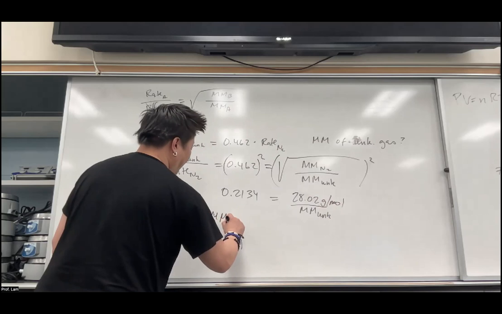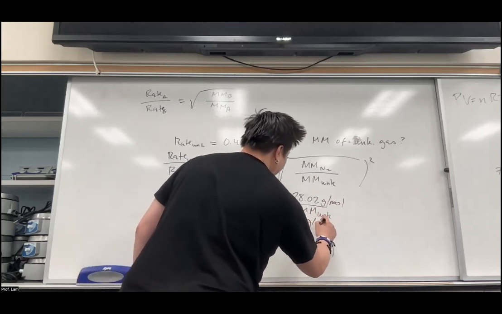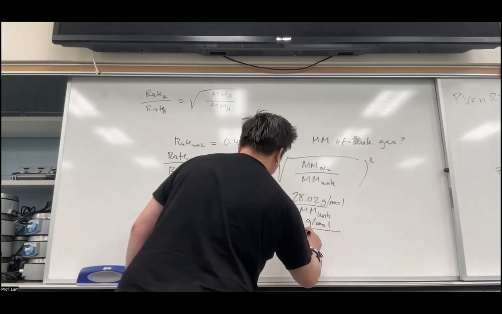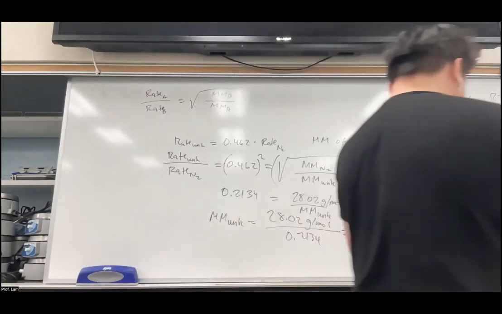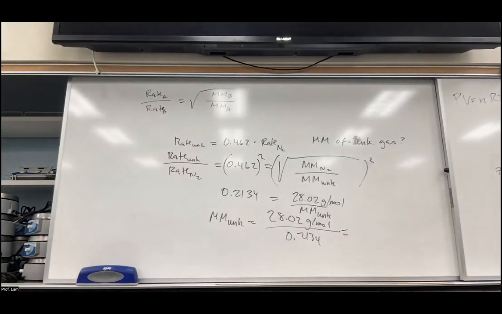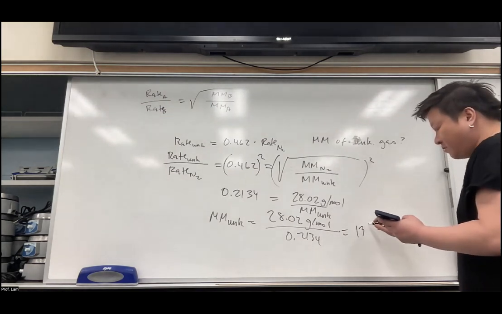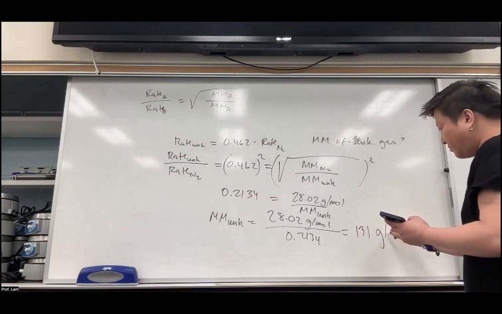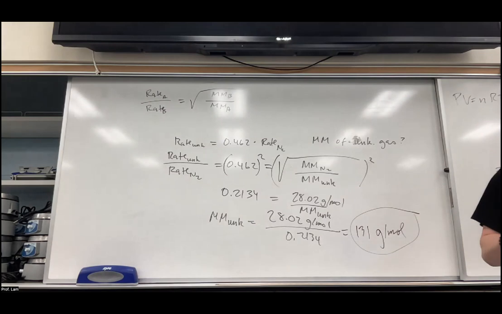So the molar mass of the unknown gas is 28.02 grams per mole divided by 0.213. So what's that? 131 grams per mole. That's the molar mass of the unknown gas.